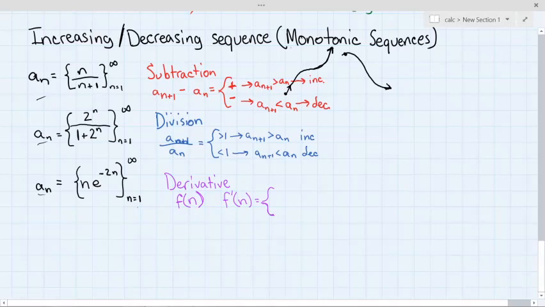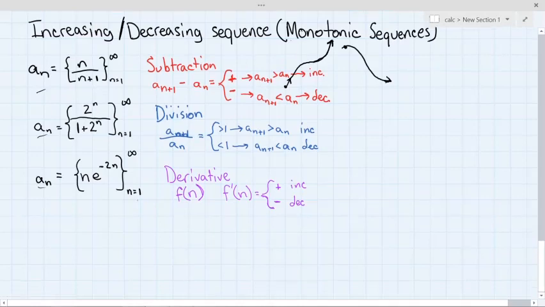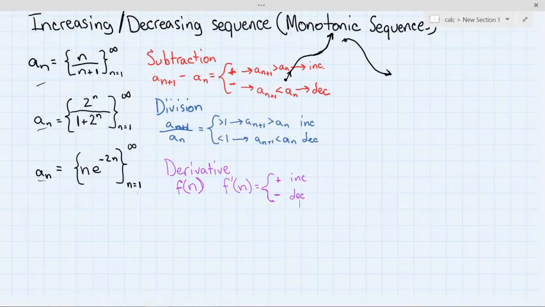And so if you total all of them together, if the total is positive, then you know it's increasing. And if it's negative, then you know it's decreasing. And once again, it's kind of difficult to explain. It's much better to work out the problem using the derivative.